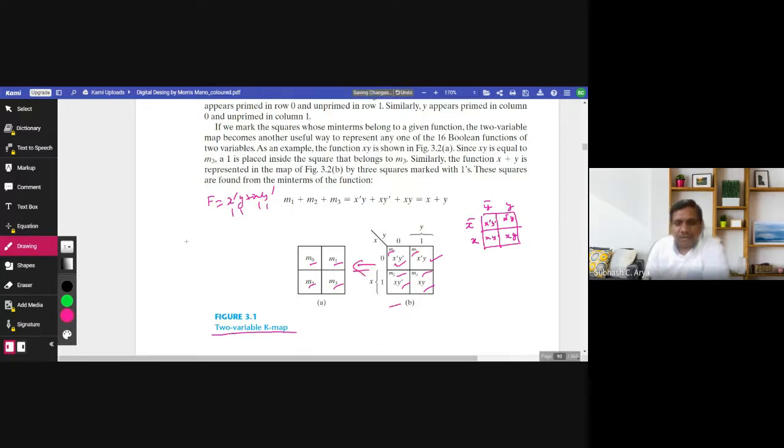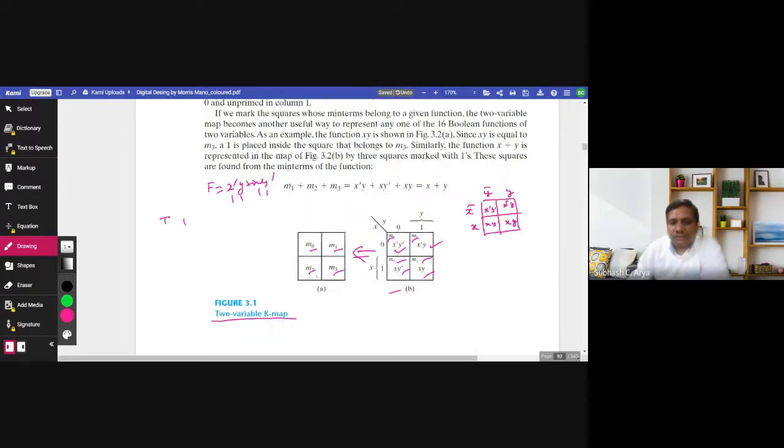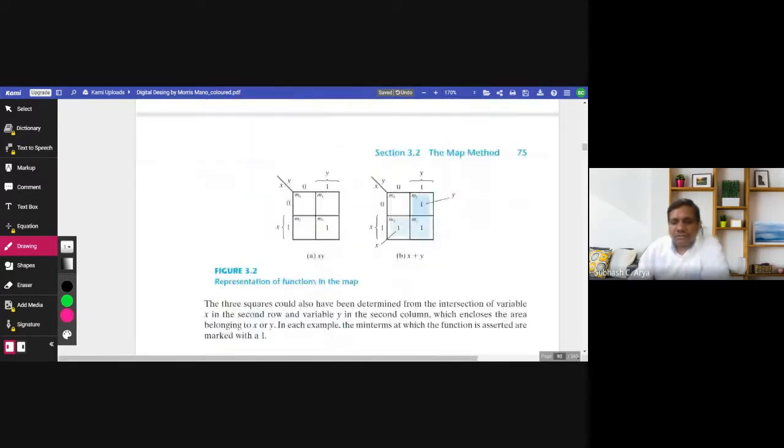We can map a truth table to a table in our Karnaugh map. Now we can see how to express particular given minterms in the Karnaugh map. For example, I want to implement f is equal to x y. How to show it?